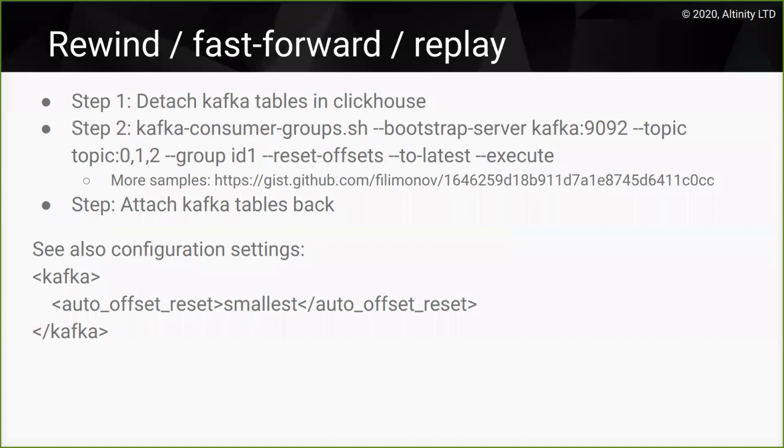What if you need to rewind or fast forward some topic? That scenario is quite easy to follow. We just detach the tables, and using the official Kafka tool called Kafka Consumer Group, you can reset offsets to latest, for example, or to earliest, or shift by some amount, and just execute.